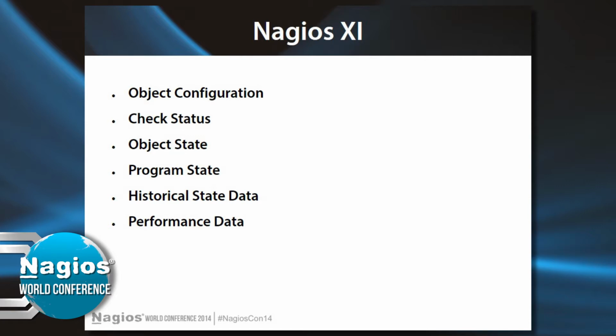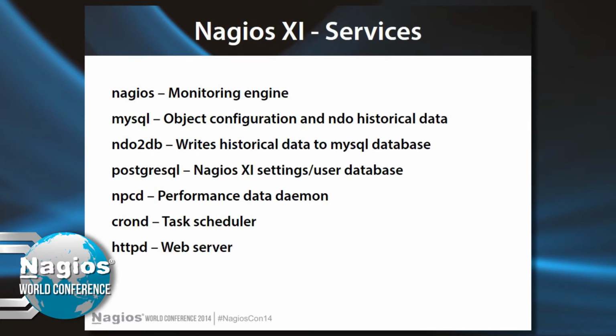Now we're going to start talking about XI. There's a lot of things in XI that we need to take into consideration when we're trying to build a reliable failover system. We have the object configuration data, check status and object states, the program state. A lot of this comes from retention. And then your historical data sits in databases like RRDs or the NDO database, and obviously your performance data.